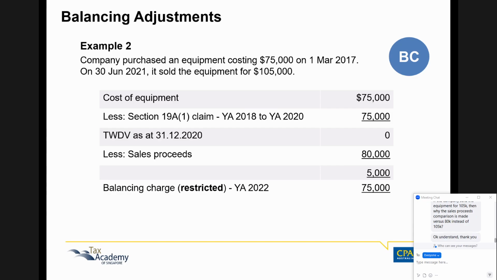So please take note that it should be 105K, but what is important is that your balancing charge should still be 75K, because that is the CA that you have actually claimed. It will be restricted to the amount of CA that you have actually claimed. Okay, good on spotting that. Sorry about this.